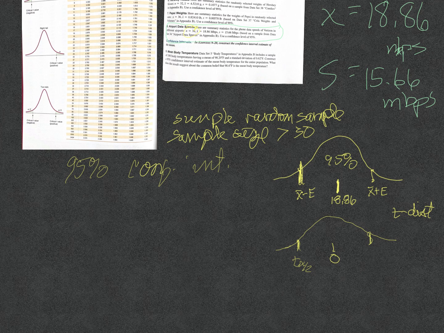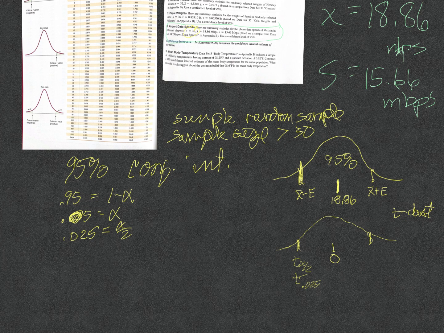So, since we're finding a 95% confidence interval, 95% is equal to 1 minus alpha, and therefore 0.05 is equal to alpha, so 0.025 is equal to alpha over 2. So t sub alpha over 2 can actually be written as t sub 0.025.